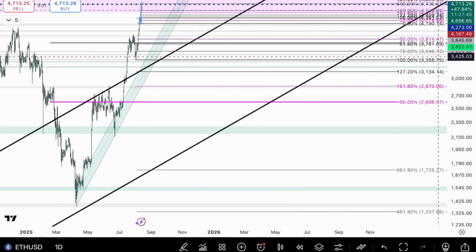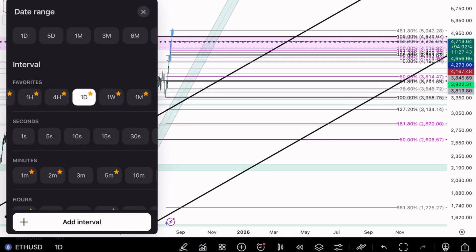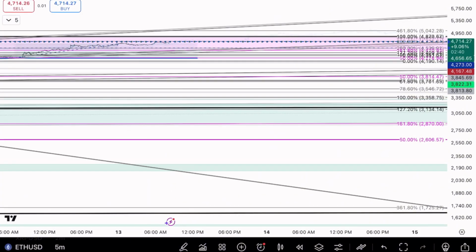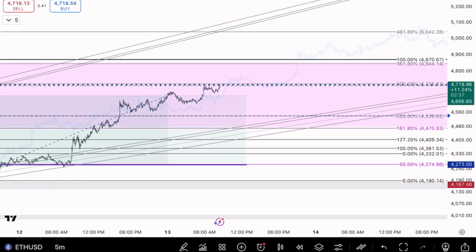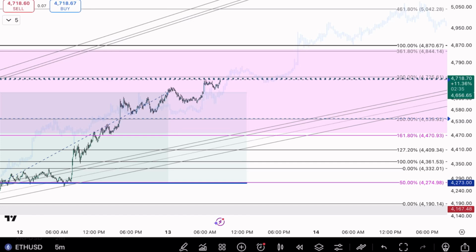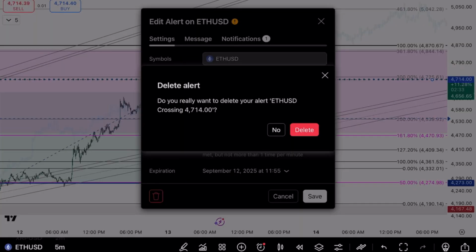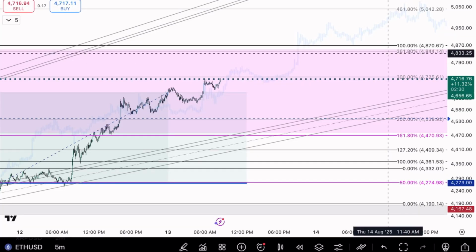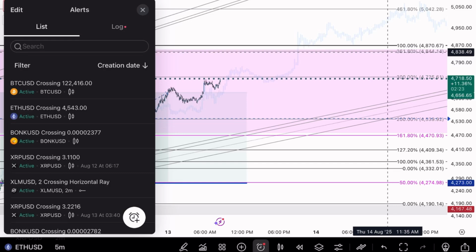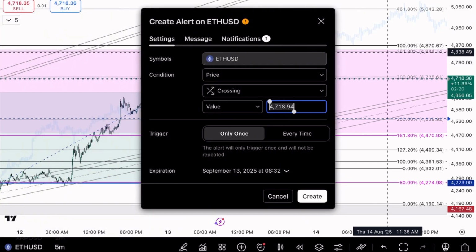All right, let's go back to ETH because an alert went off. All right, so I can move this alert to 48, 39.